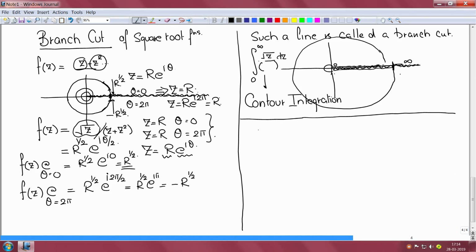So let us say I have some function which has a square root of z square minus z0 square, which is equal to square root of z plus z0 and square root of z minus z0. So let us examine what sort of a branch cut we will get if we have this sort of a function.